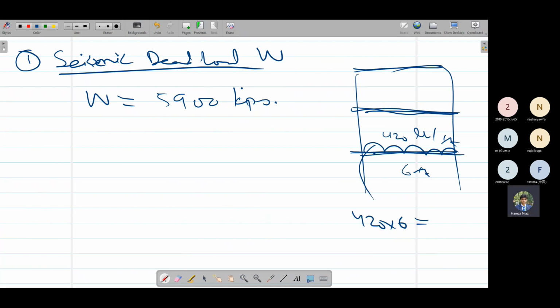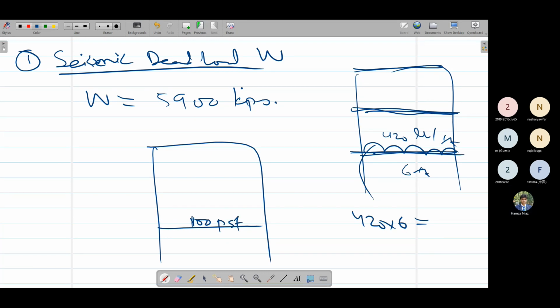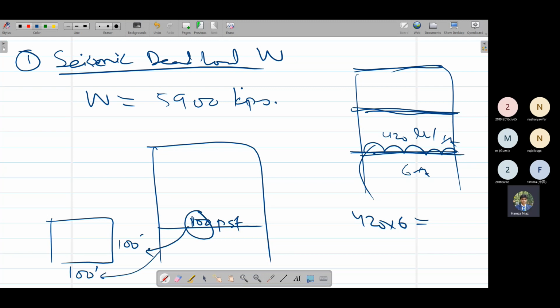And if we were given area loads, for example 100 PSF, 100 pounds per square foot, then we must have been given the plan. For example, this is 100 feet by 100 feet. Then the total load will be 100 times the area, 100 into 100.